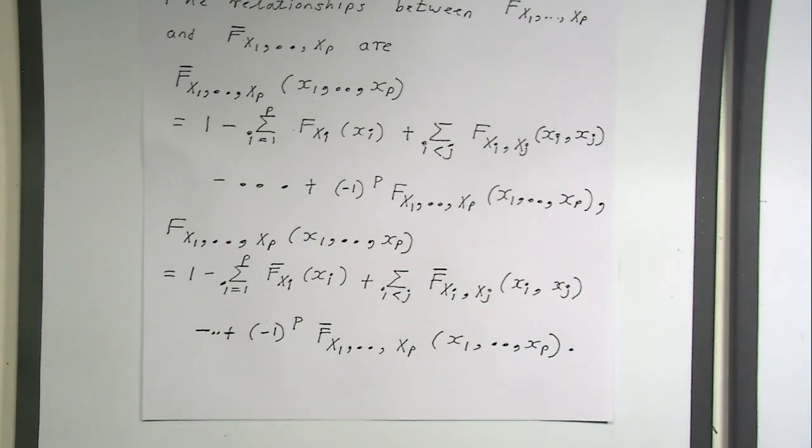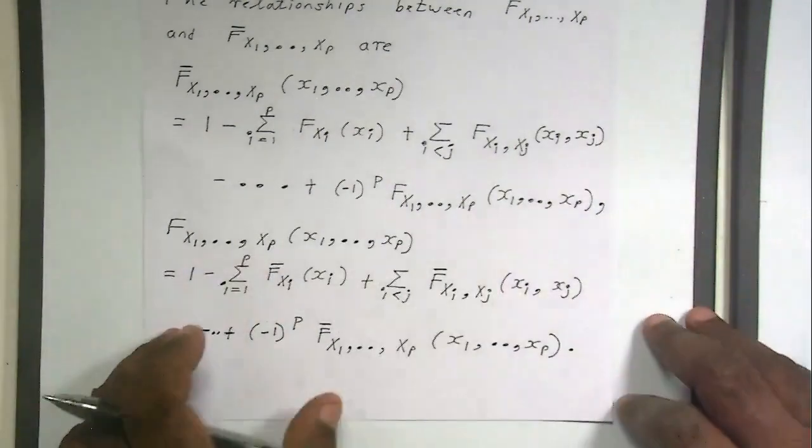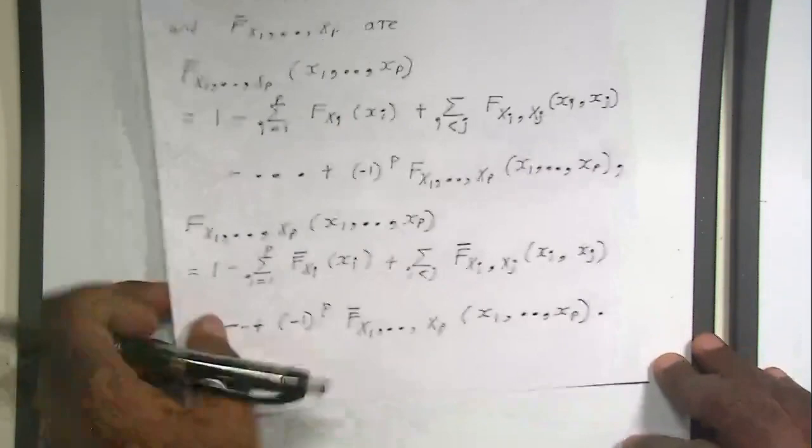The first relationship gives you F bar in terms of F. The second relationship gives you F in terms of F bar. I will do some examples later on, so don't be scared by the length of the expressions. If not today, maybe tomorrow, I will do some examples.